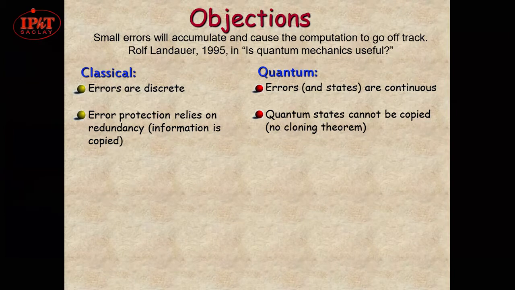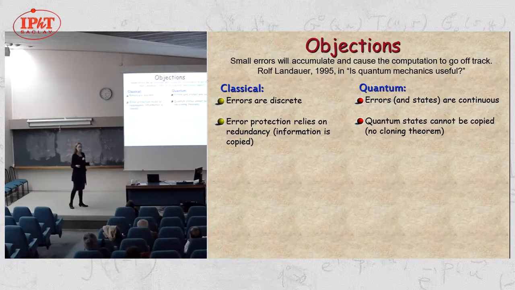Error protection classically relies on redundancy, right? You want to make a code, you make it slightly bigger, you use redundancy to encode your information. Here again, the obvious problem, it's not a problem in the end, but what could be argued is: how do we introduce redundancy if we cannot copy our quantum state when it's not known?